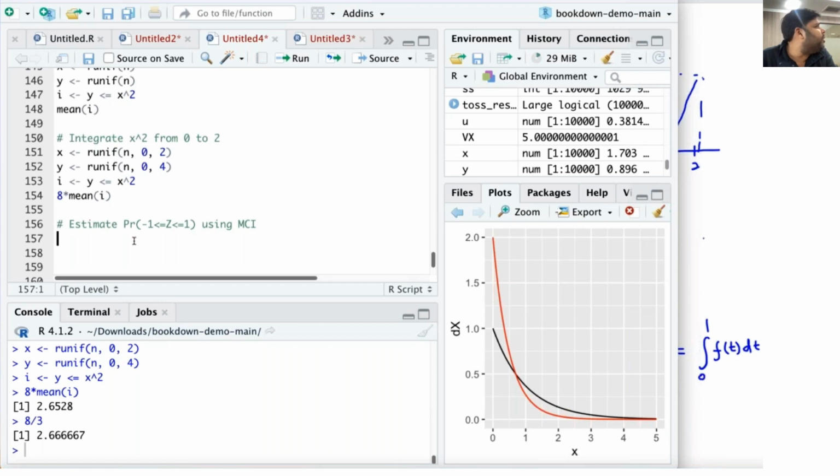So we can just deal with 0 to 1 and then multiply whatever we get by 2. Or we can just directly use -1 to 1. That's also not a problem. Let me just do 0 to 1 and then multiply it by 2. So let me estimate the probability that z is between 0 and 1, and multiply that by 2, which is equal to 2 times the probability that z is between 0 and 1.